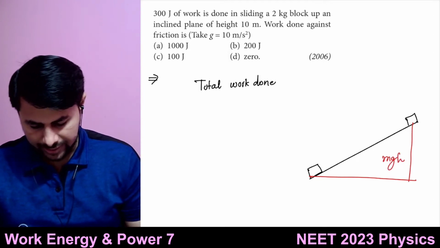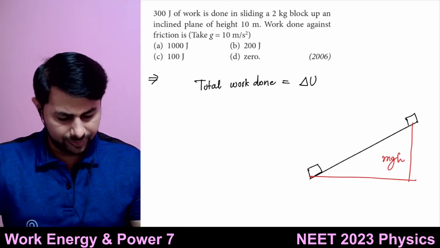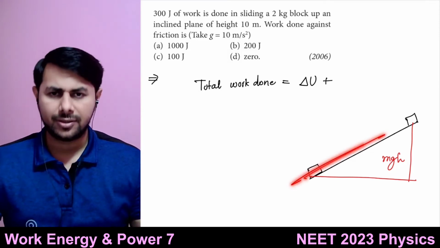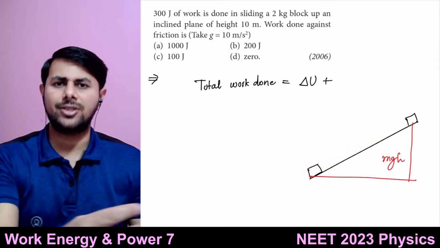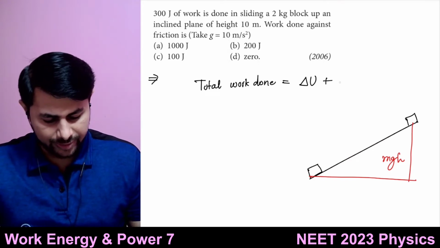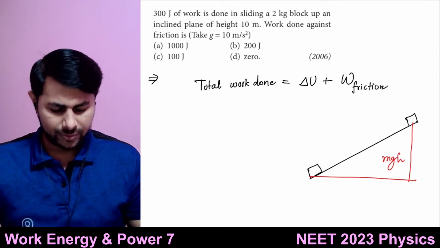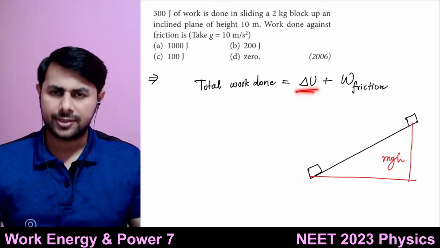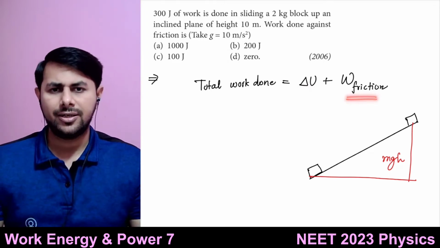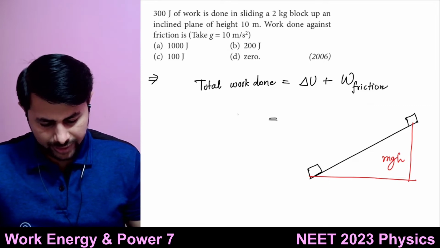So work done against gravity will change its potential energy. Plus, if there is some friction, then there will be some energy lost in friction. So work done against friction, right? Can we say this? It is the change in potential energy of the block plus work done against the friction. So this is equal to 300 joules.